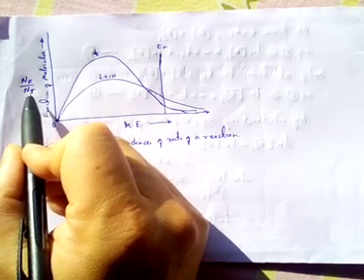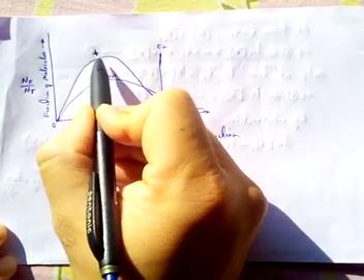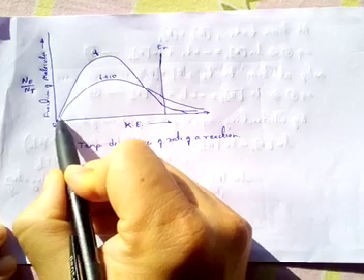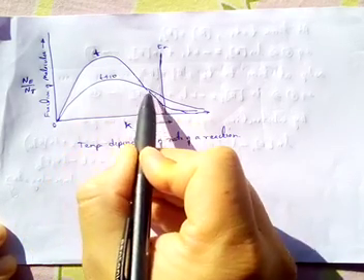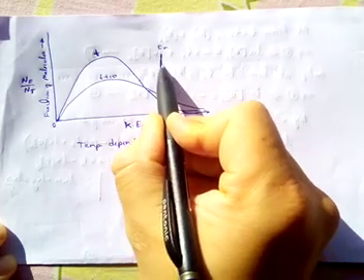Suppose at a particular temperature T, we obtain this type of graph. So here is the EA, the activation energy.